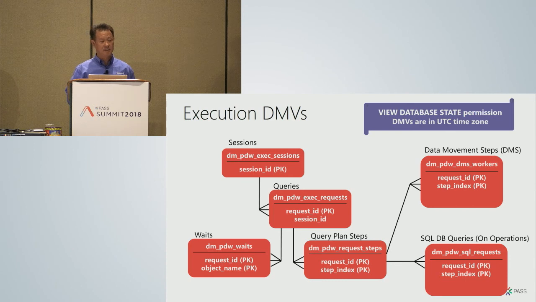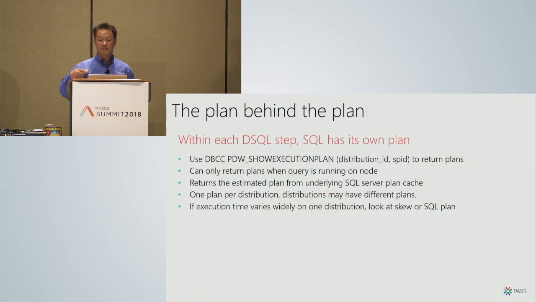It doesn't give you the typical IOs or CPU or anything along that line. At this time, we're only exposing that. And then within the DSQL, you can use DBCC PDW show execution plan, and that would give you the SQL Server estimated plan within that particular node that you're running, okay?